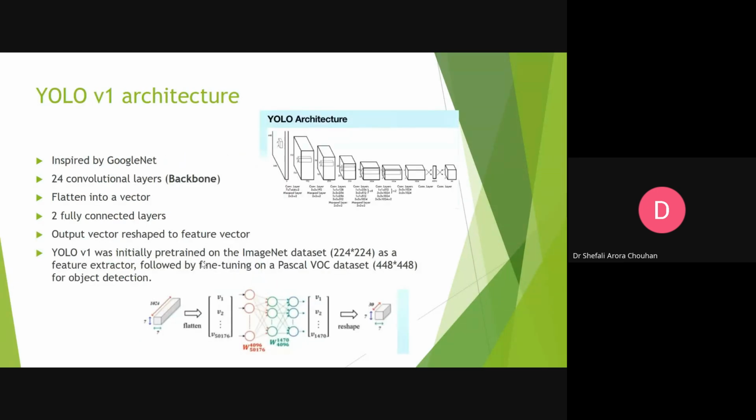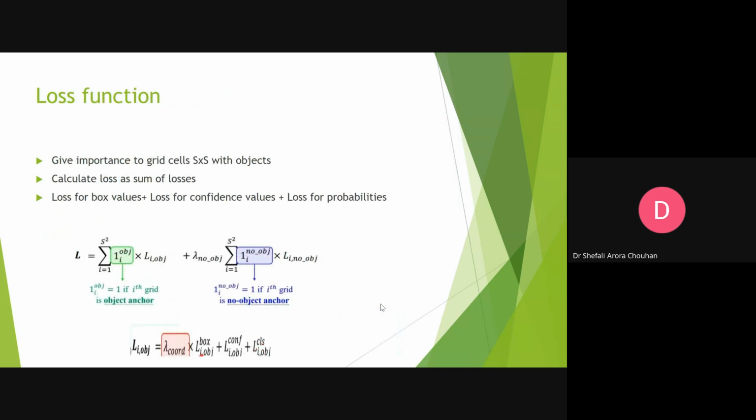Okay, so initial image, flattened, going through the network, then reshaped, finally the prediction vector that you got, 7 cross 7 cross 30, and 30 I have explained why, because the prediction vector here in our example was of size 30. Now the loss. Obviously even in all deep learning networks, we are calculating loss in some method.